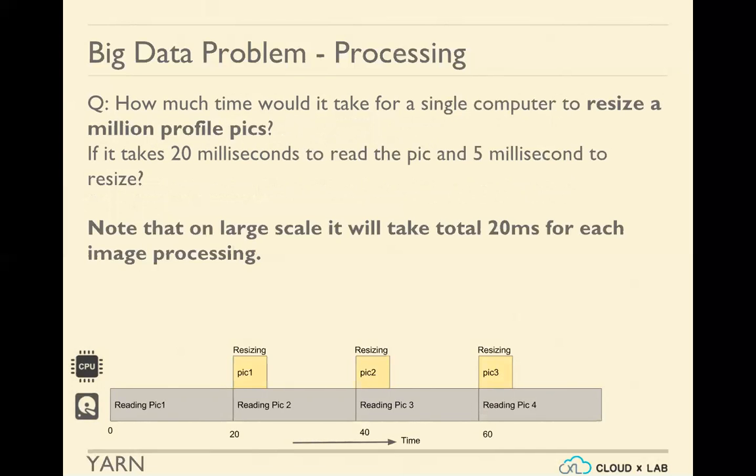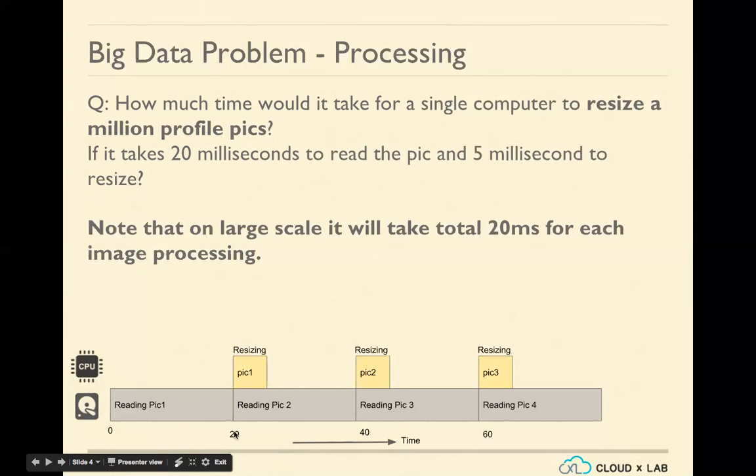Okay. So as I said, the process is stepwise, right? Let's say there are two things, CPU and disk. While reading the pic, it's the disk which is involved, but while resizing the pic, it's the CPU and RAM that get involved, right? So on the x-axis it's the time.